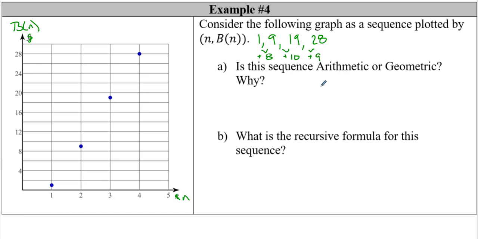This thing is kind of all over the place. So is it going to be arithmetic or geometric? Well, we don't really have a consistent pattern moving throughout the sequence, and that is okay. Sometimes it simply is not a sequence. So this is going to be neither. And if we have neither, we just can't really write a recursive formula for this sequence. So I'm just going to put NA.